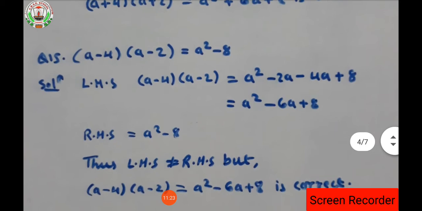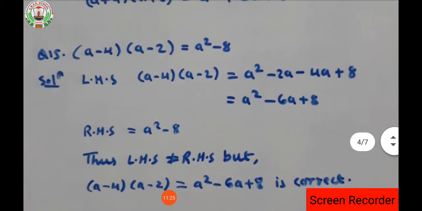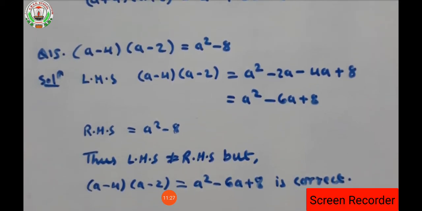Instead of plus we are having minus over here. Okay, so in place of plus, if we are having minus, a little bit of difference will be there due to the minus sign. So while solving the LHS part, that is (a minus 4) into (a minus 2), a will be getting multiplied.